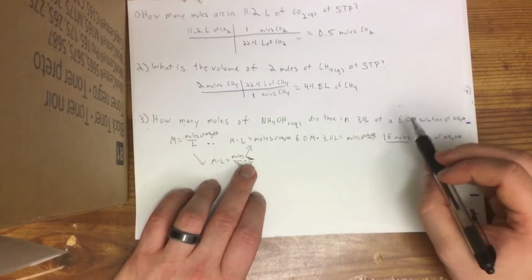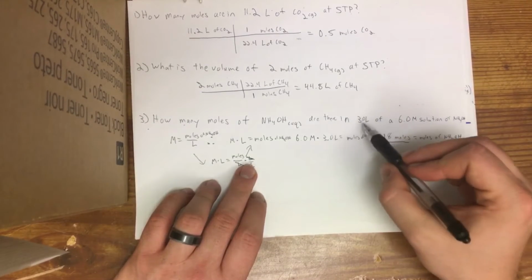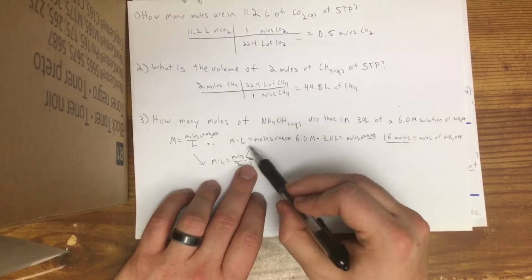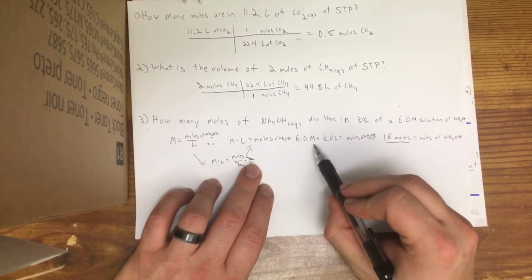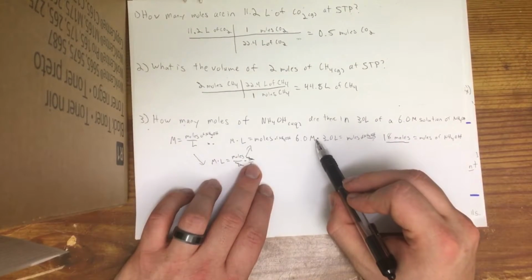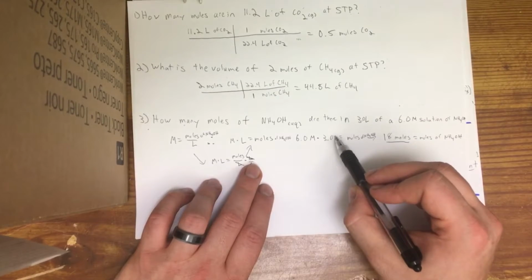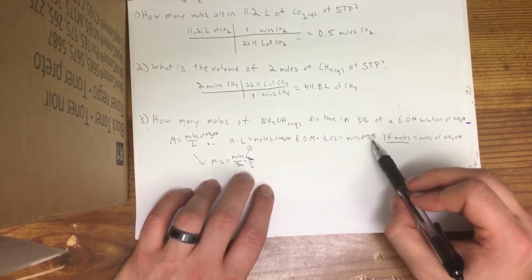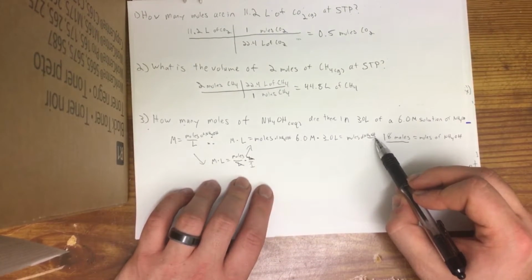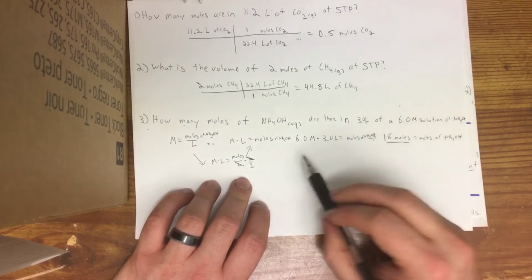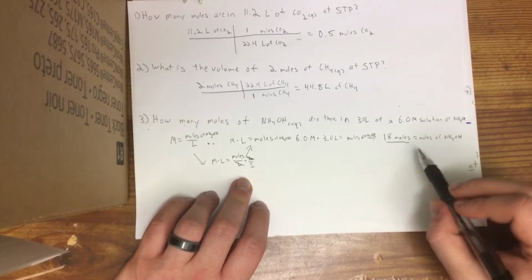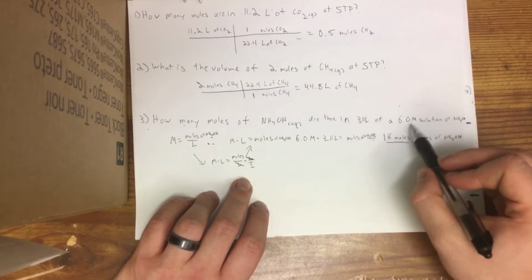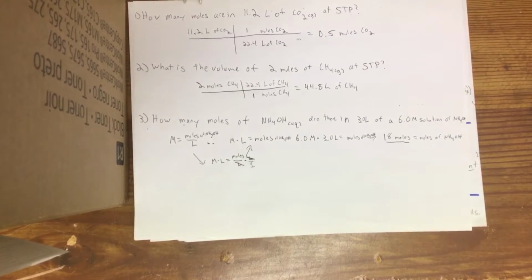We're given the molarity and we're given the liters, so all we need to do is plug them into this equation and solve. So 6.0 molar times 3.0 liters would be equal to the number of moles of NH4OH. That gives us a total, 3 times 6, of 18 moles of NH4OH are present in 3 liters of a 6 molar solution.